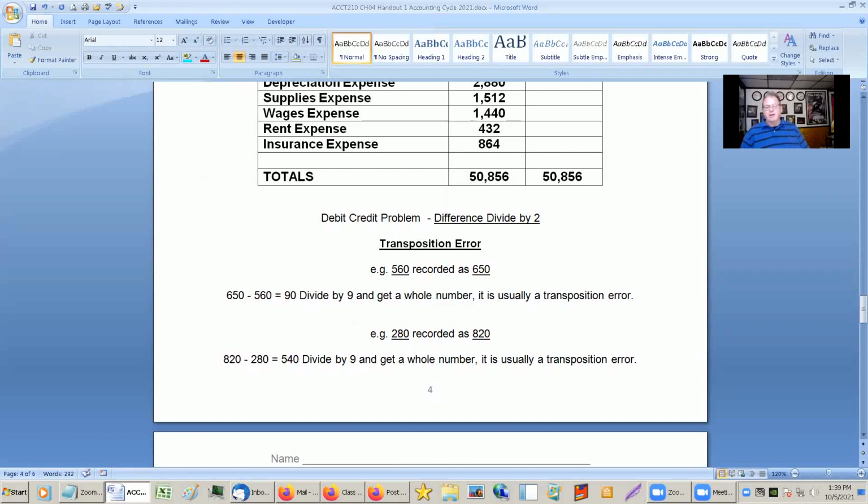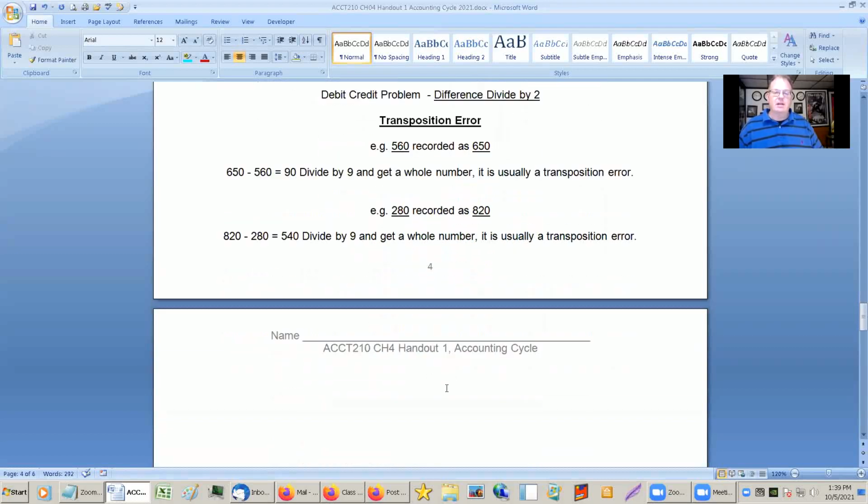Yeah, divide by 9, you come out to 60. So transposition errors are somewhat common, and so if you're off by something that can be evenly divided by 9 and you come out with a whole number, likely it's that transposition error. Okay.